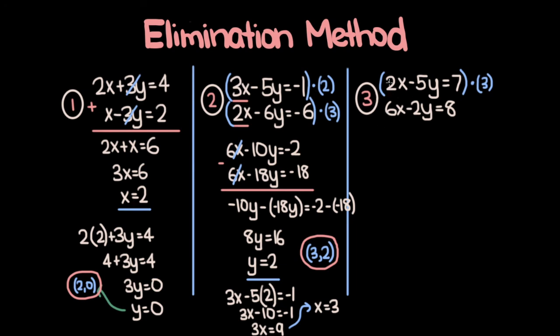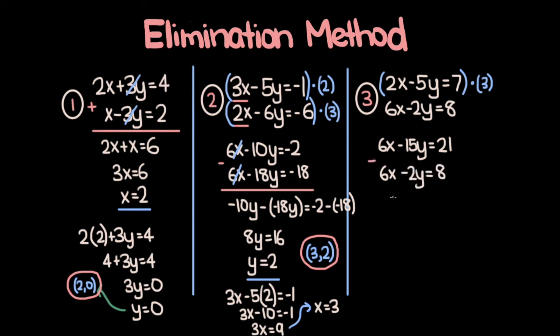So let's do that. 2x times 3 is 6x. Minus 5y times 3 is minus 15y, and that is equal to 7 times 3, which is 21. Now the second equation we have as is, we'll just copy that down. 6x minus 2y is equal to 8.